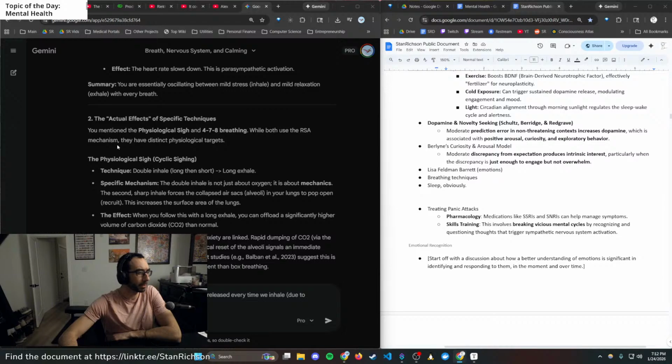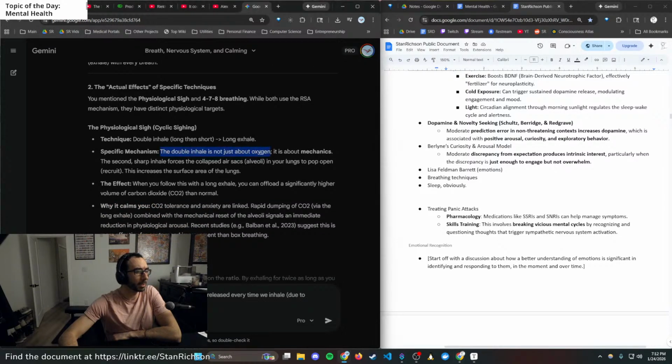The actual effects of the double inhale: it's not just about oxygen, it's about mechanics. The second sharp inhale forces the collapsed air sacs in your lungs to pop open. This increases the surface area of your lungs. When you follow this with a long exhale, you can offload a significantly higher volume of carbon dioxide than normal.